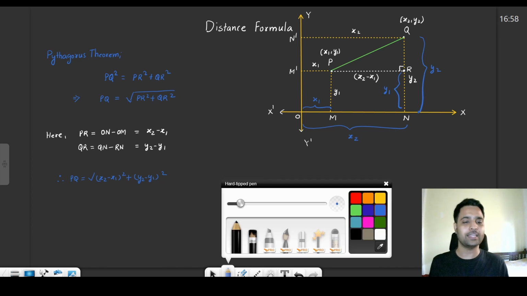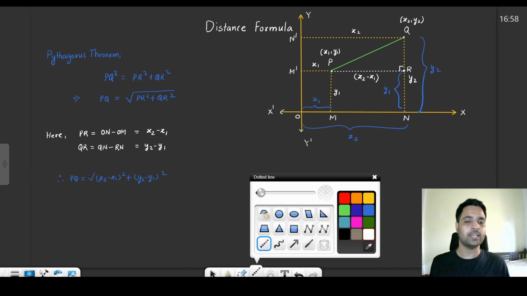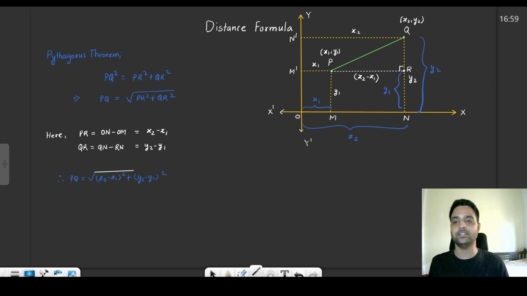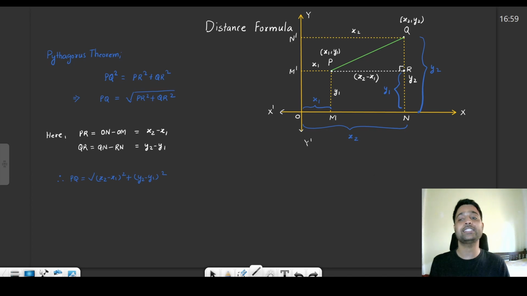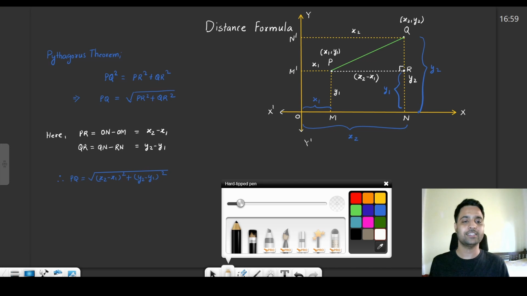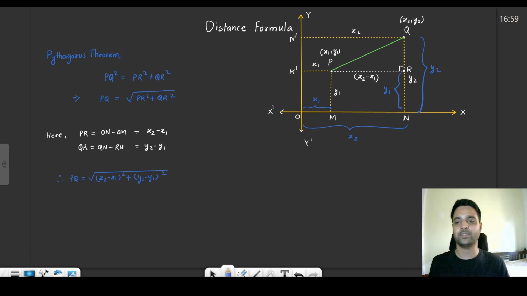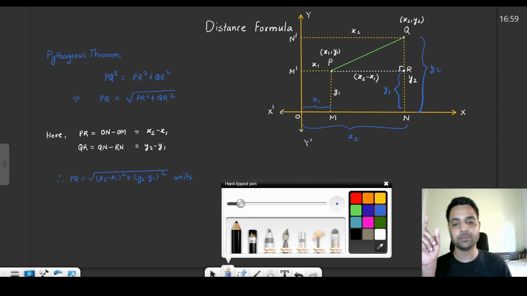And let me tell you one thing: this thing which I have written here is nothing but the distance formula. Whatever unit there is, you will write that unit.